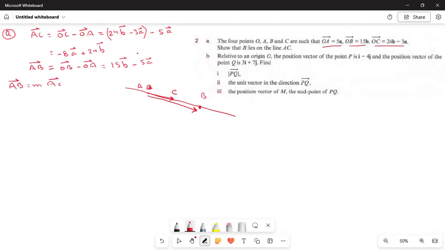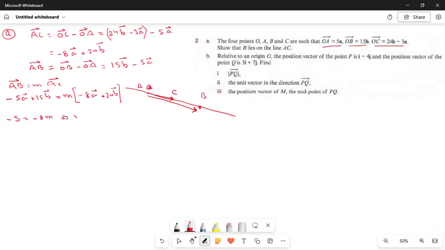So let's see if we can do this. AB is minus 5A plus 15B, and it should be equal to some constant times AC, where AC is minus 8A plus 24B. If this is true, then the coefficient of A, minus 5, should be equal to minus 8m.